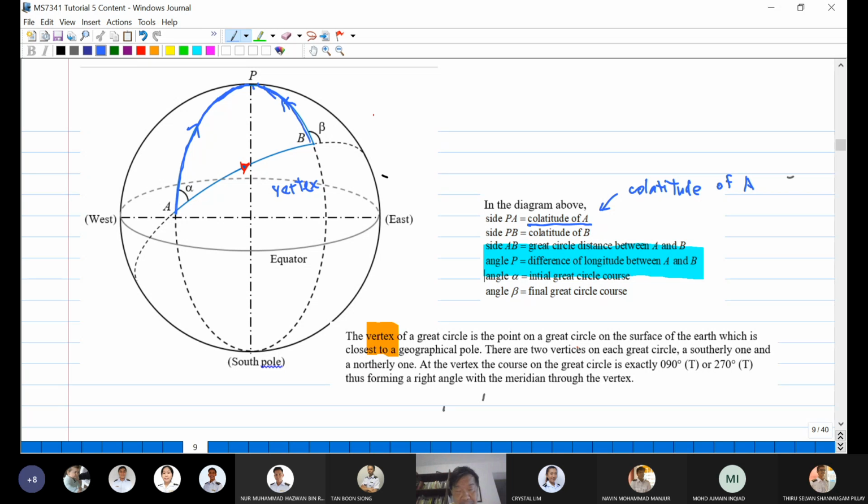It is the complement of the latitude of A, 90 degrees minus this.